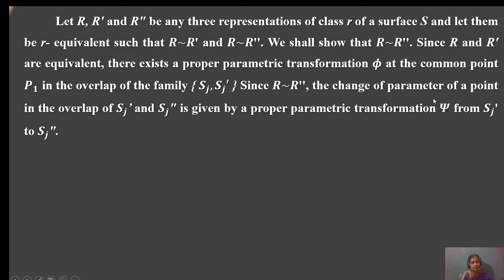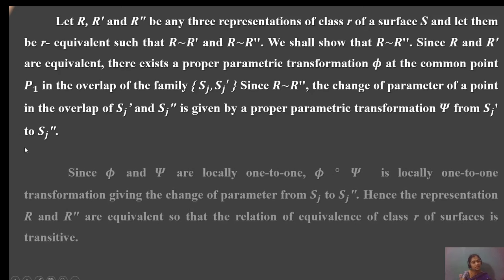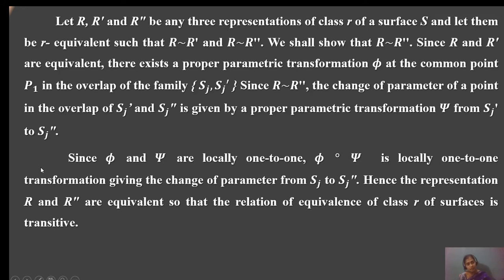This will be generated as psi from Sj dash to Sj double dash. Since phi gives one representation of the surface, two representations of the surface as well as three representations of the surface, the overlapping values of the class R change in the form Sj, Sj dash and Sj double dash to the equivalent value.